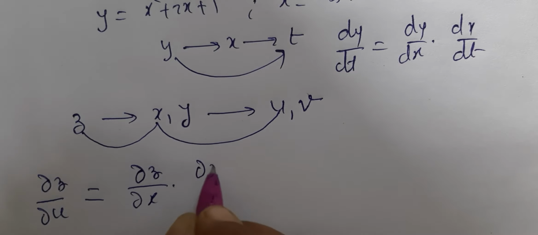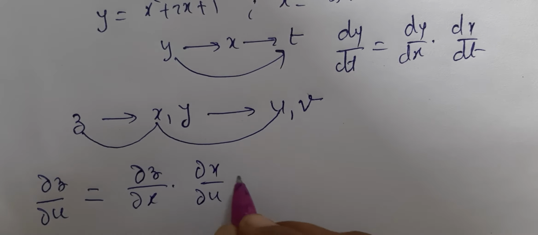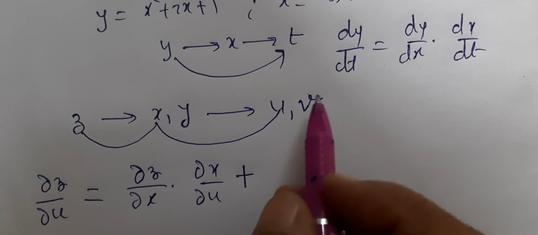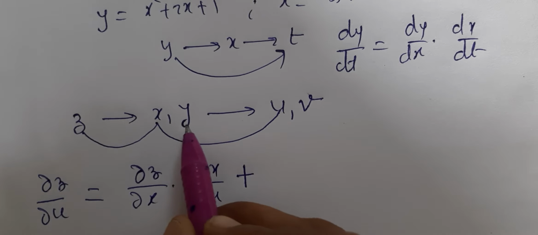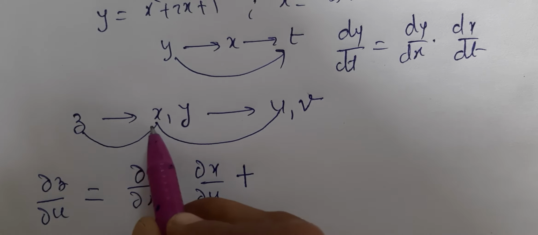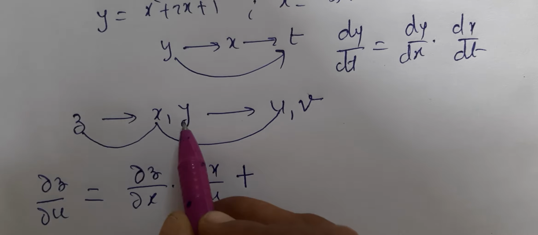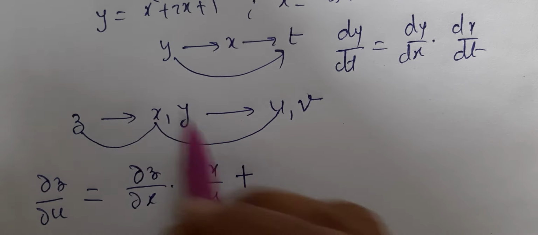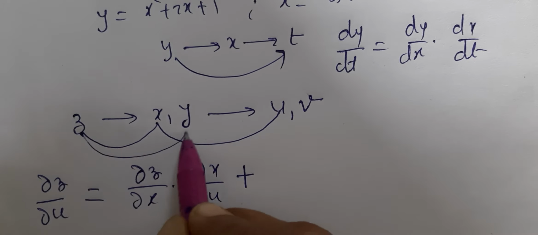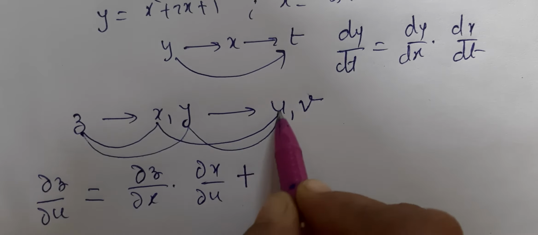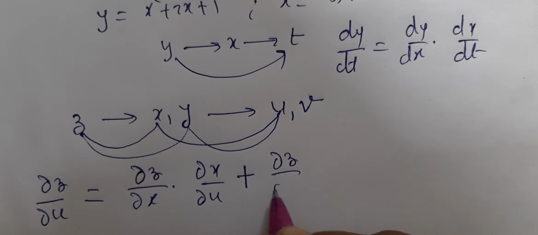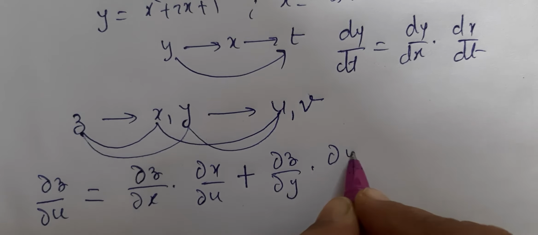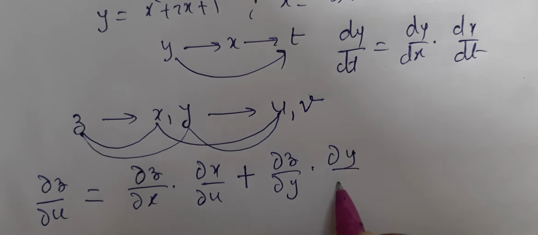Just see what I have done. Moreover, it is also a function of u via y. It's not just a function of u via x, it's a function of u via y also. So I will have plus del z by del y into del y by del u.